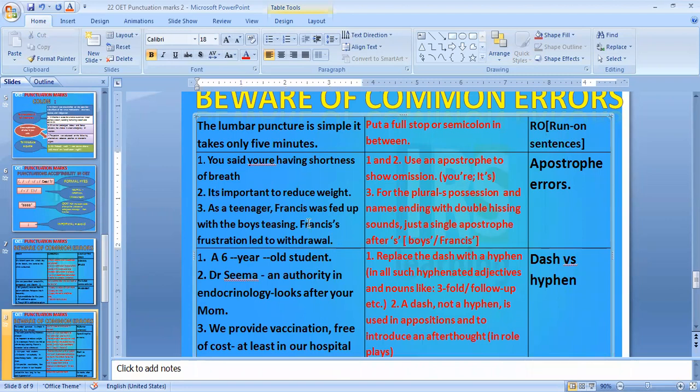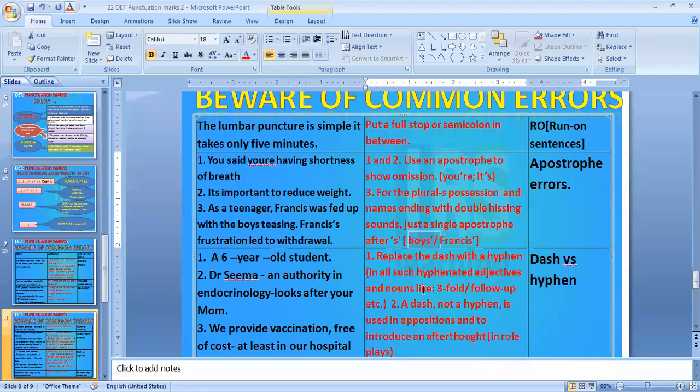So he was not exactly he. I think Francis must be a girl. She was fed up with the boys teasing. Is it only one boy teasing? No, many boys teasing. So what? The apostrophe should be after S. See, the answer is here. Apostrophe should be after S.